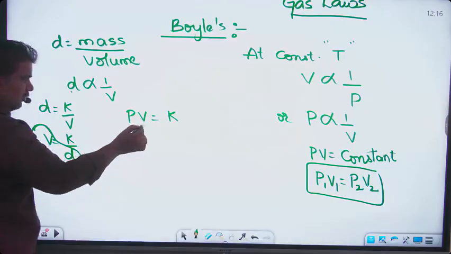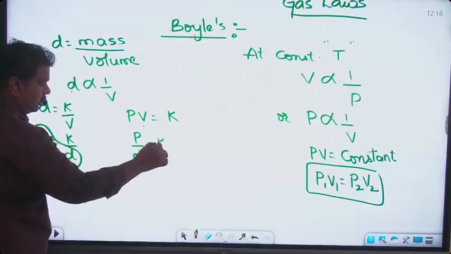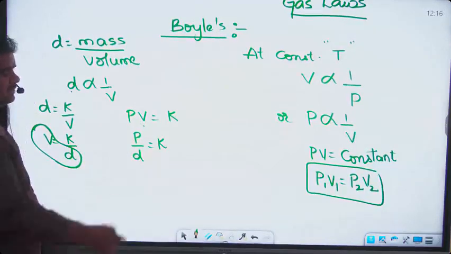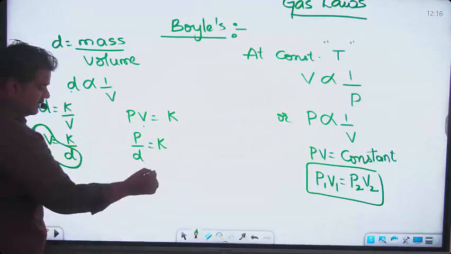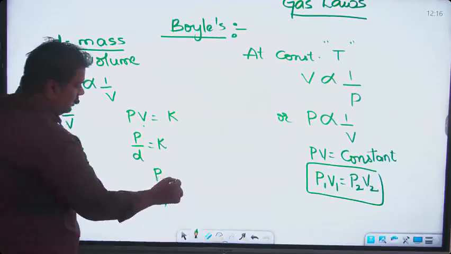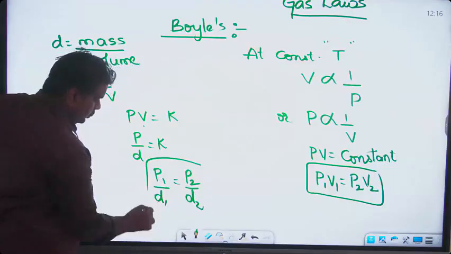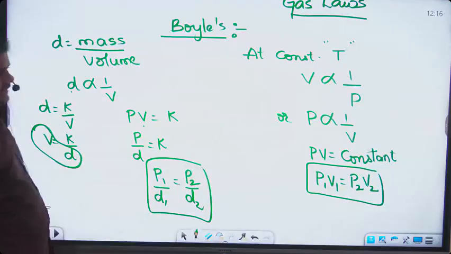So instead of volume, we write P by D equal to K. Suppose that I'm talking about two different gases, then I write P1 by D1 equal to P2 by D2. So for you people, the statement is very important.